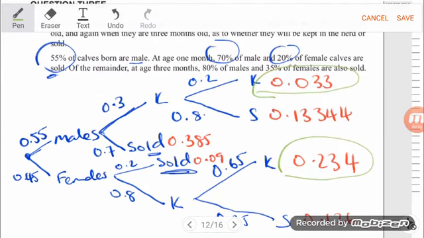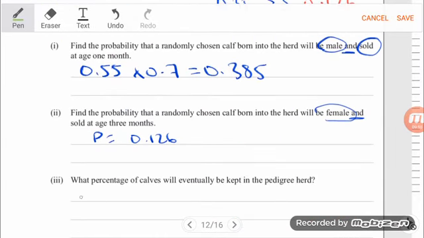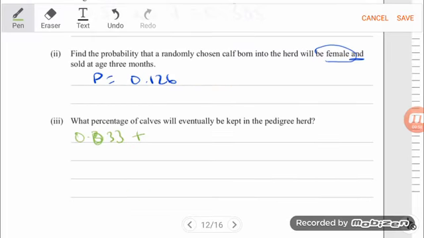So it can be female and kept or male and kept, so we need to add them together. 0.3033 plus 0.234 is 0.267. I'm going to swap back to blue. That's the question done.